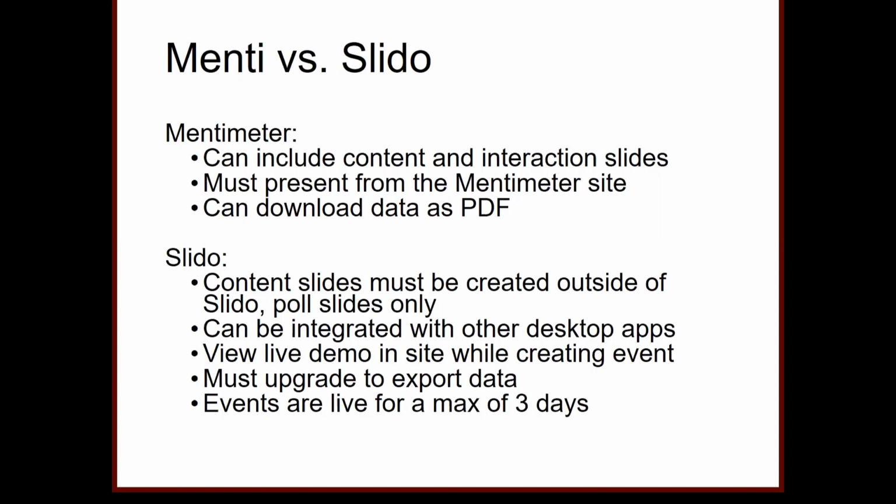Whereas with Slido, if you're just presenting content and not the interactive part, those content slides have to be created outside of Slido. So that would be your Google Slides or PowerPoint that you would create content. Slido is really those poll slides only. And then it can be integrated with those other desktop applications, so the Google Slides or PowerPoint.